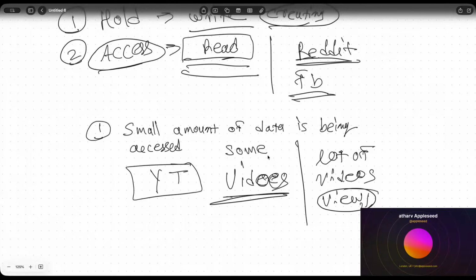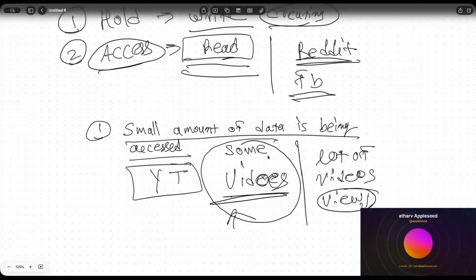Right? So views will be less here, views will be more here. So we can say that a small amount of data is being accessed in much greater quantity, so these videos are causing a bottleneck in our system.